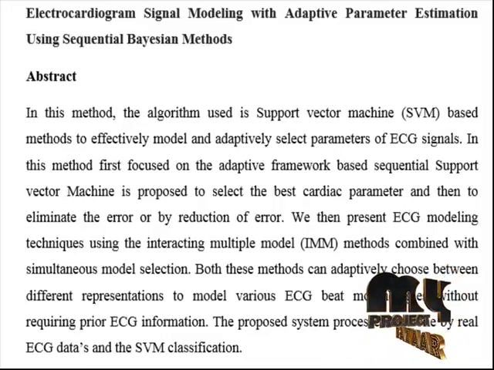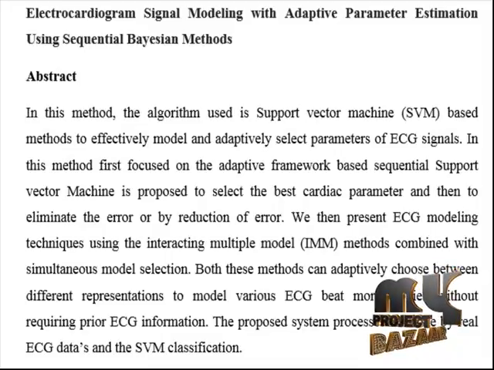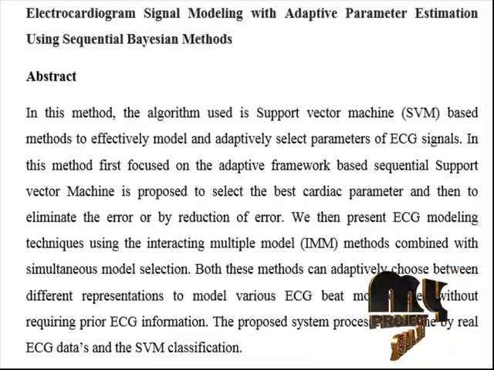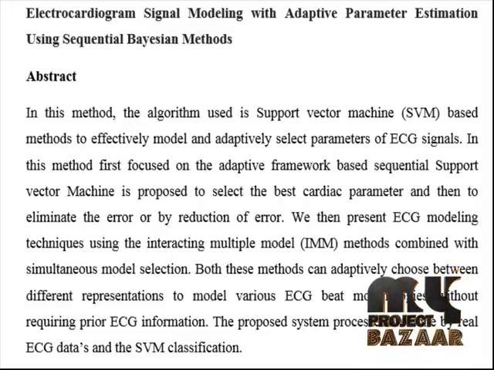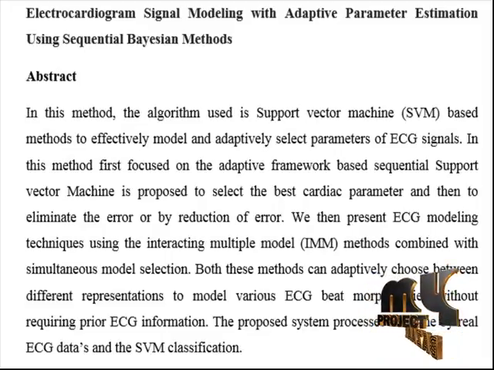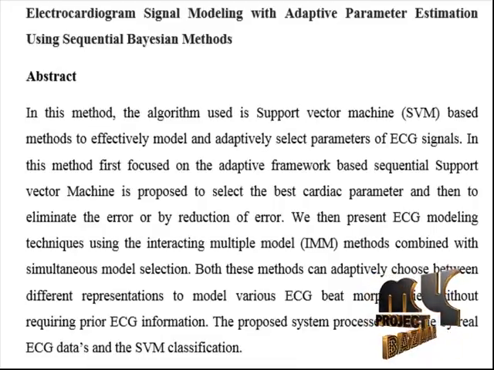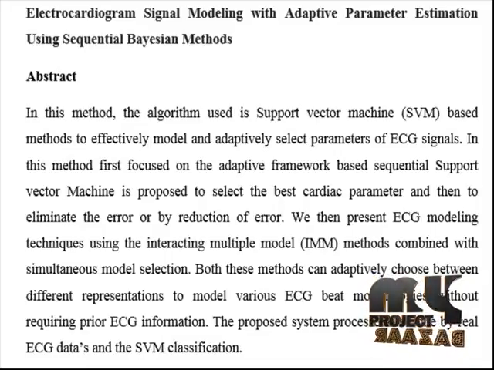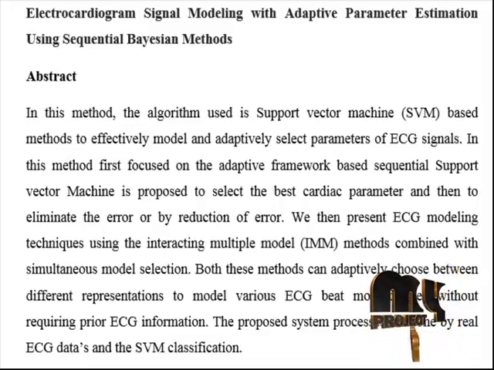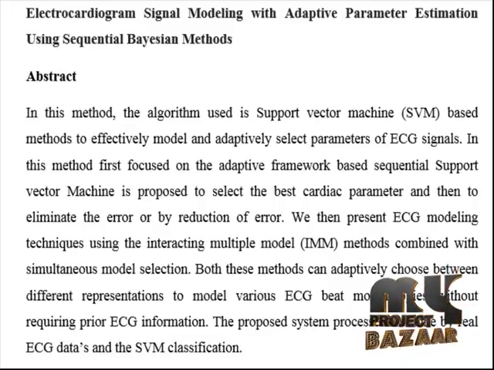In this proposed system of ECG signal modeling, we first give importance to the adaptive framework-based SVM classification method, which is used to select the best cardiac parameter. The further process is eliminating the fault signals or reducing error signals. The ECG modeling technique uses the interacting multiple models, IMM, methods, compared with simultaneous model selections.